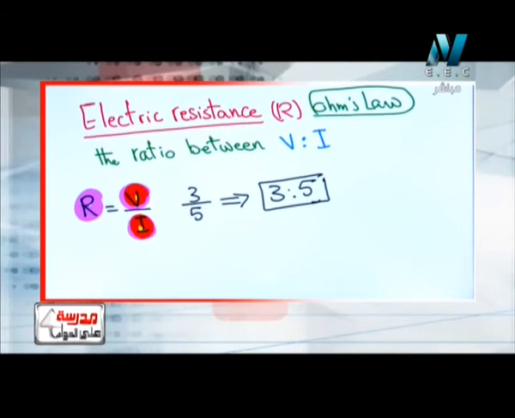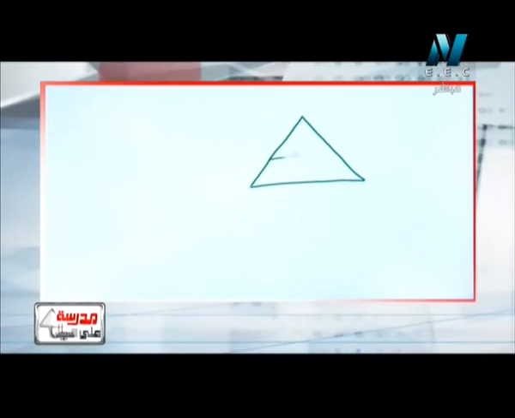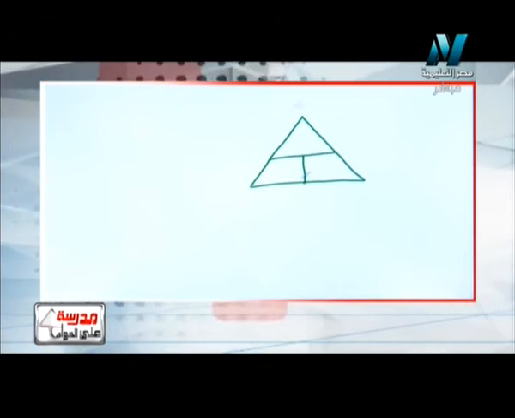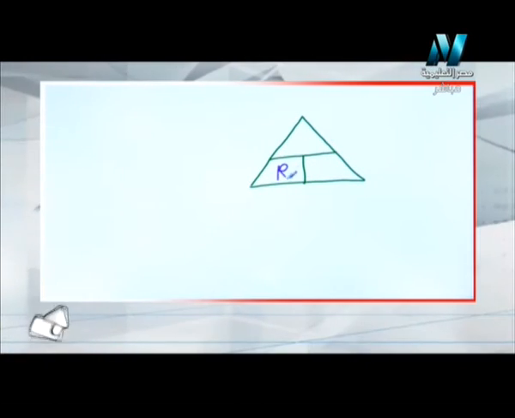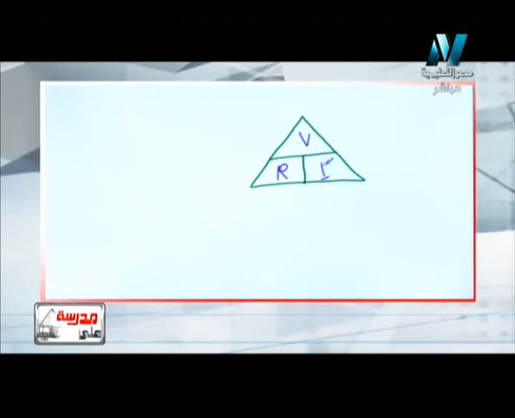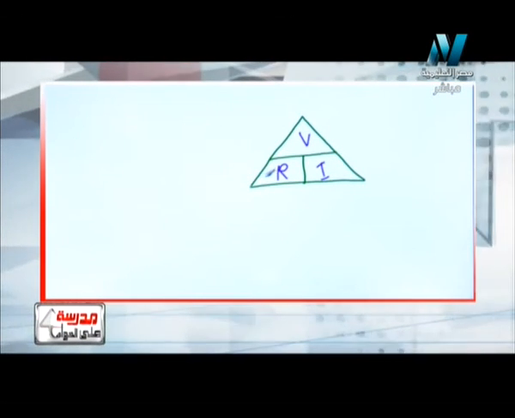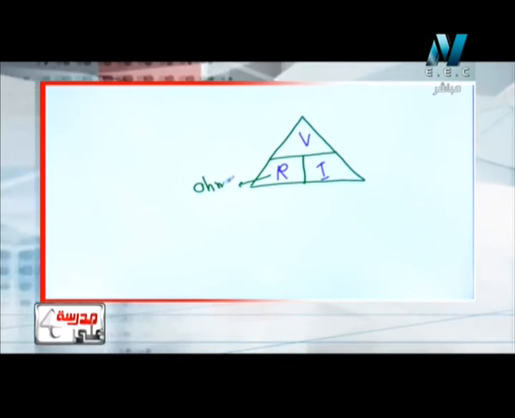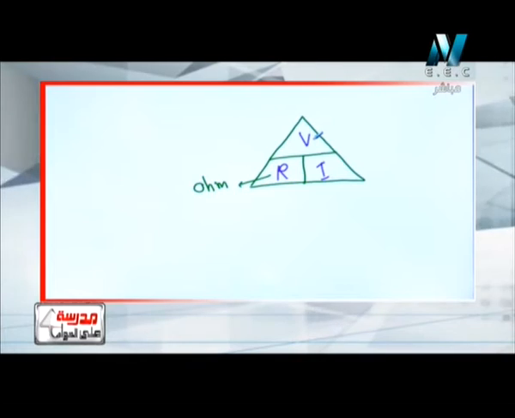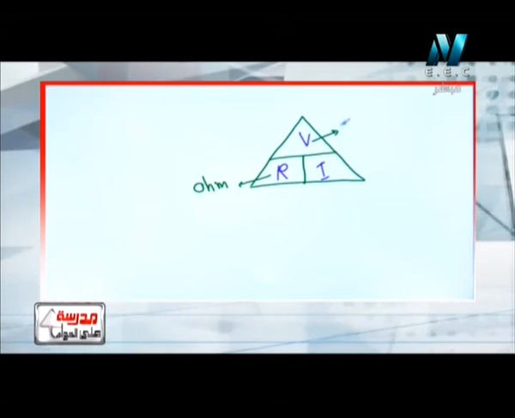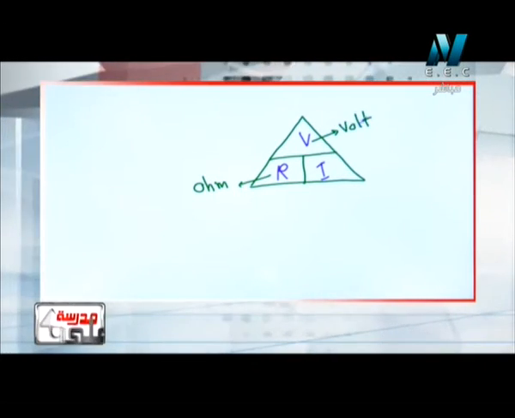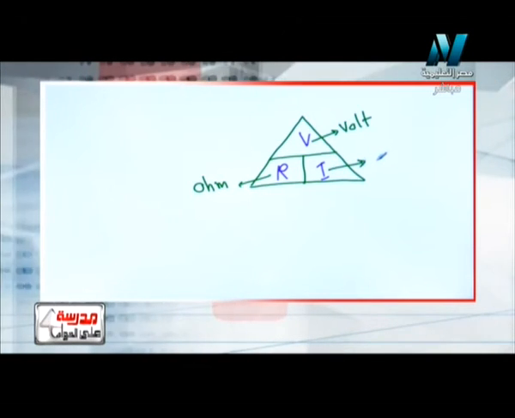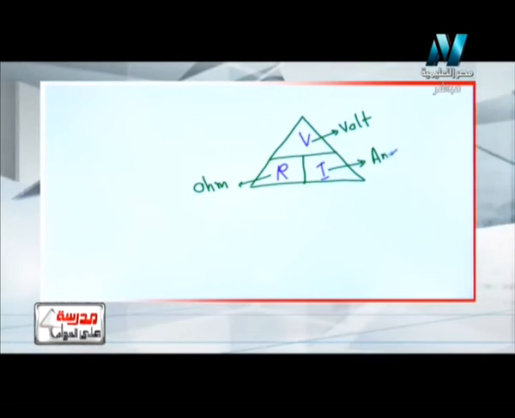At the same time, we want to define from this magic triangle, okay? As we see here, we have R equals V over I. So R's measuring unit is ohm, V's measuring unit is volt, which means potential difference, and I's measuring unit is ampere.